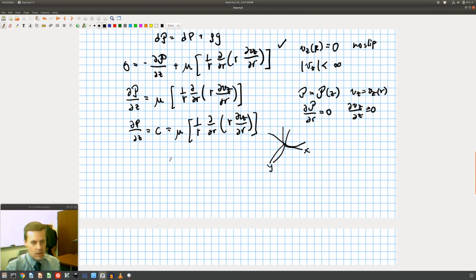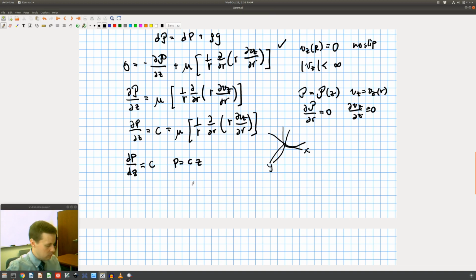Okay, so now that I know that this is a constant, I can solve for the pressure one first. I can solve either of them first, but the pressure one's particularly easy. So I say dp/dz, and I'm writing these as total derivatives because I know that p is only a function of z, is equal to c. So I just integrate that. So now p is equal to c times z.